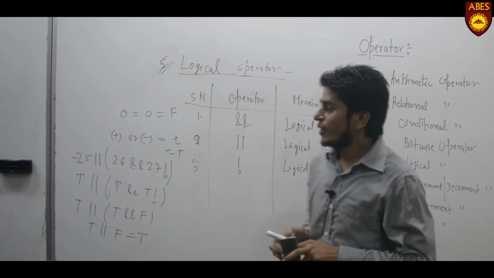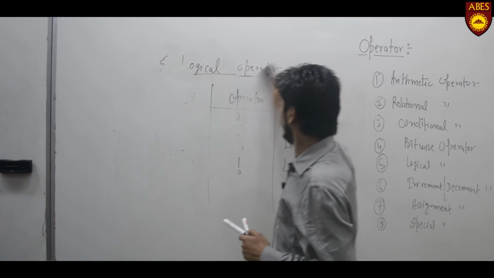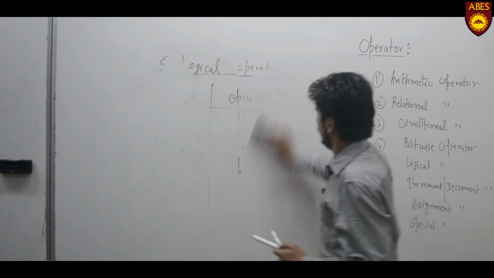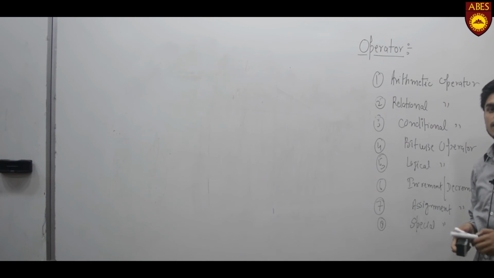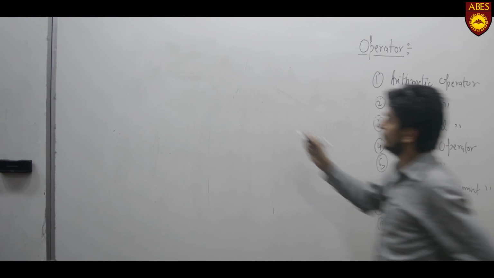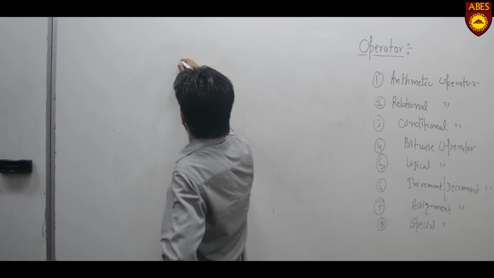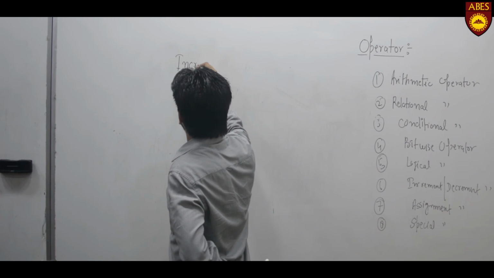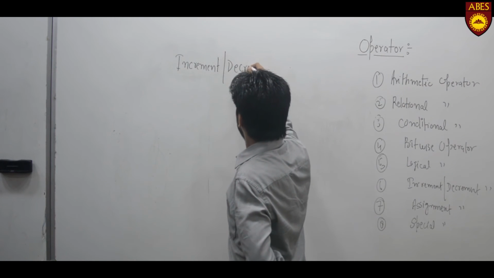Sixth category is the increment or decrement operator. Basically this operator is used on a single operand, so it is also called unary operator.